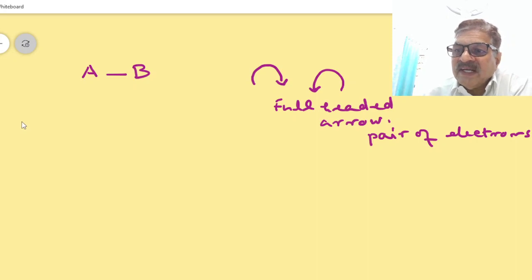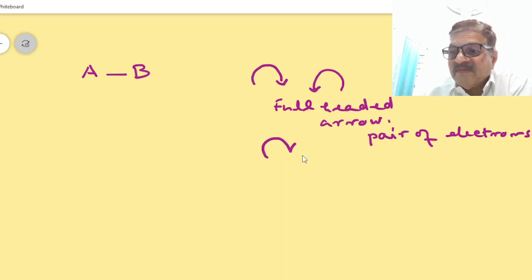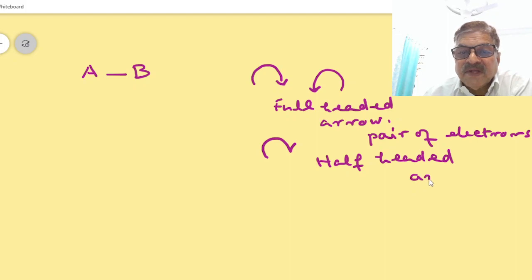But in the case of a single electron movement, the arrow need not have a full head. We can have a small head like this, a half-headed arrow. So one is a full-headed arrow, and this is a half-headed arrow.